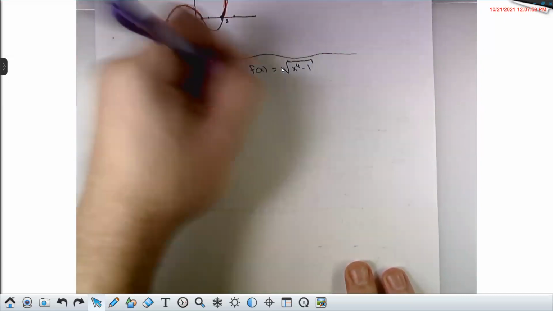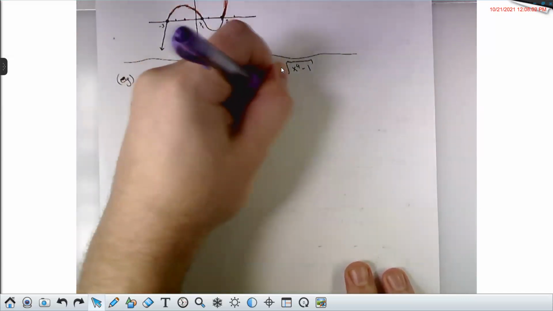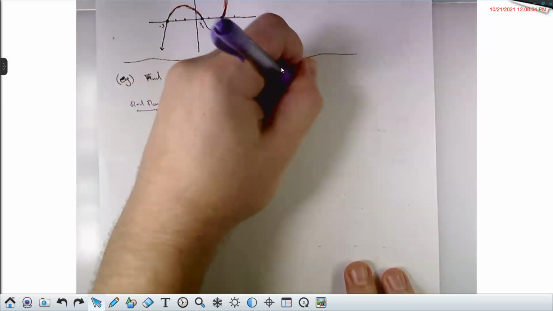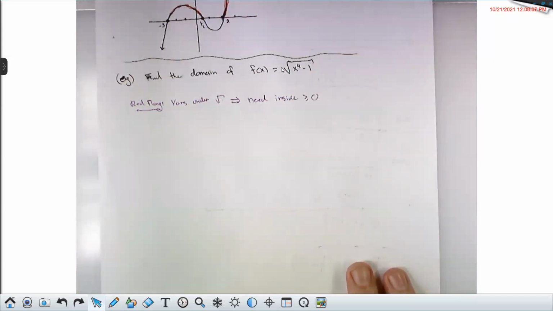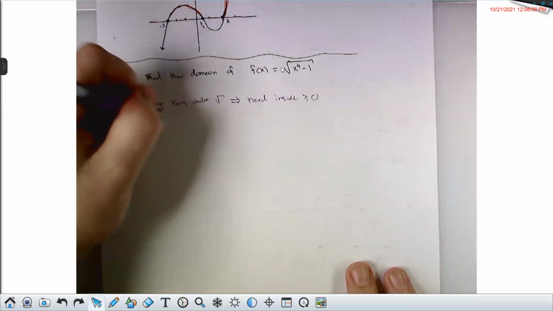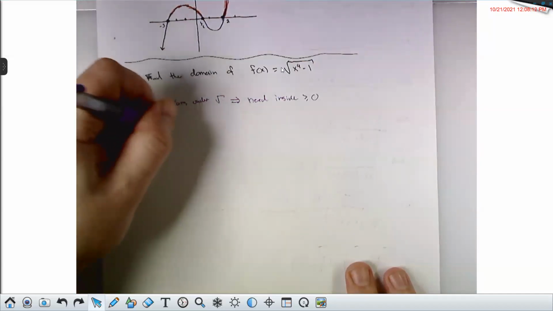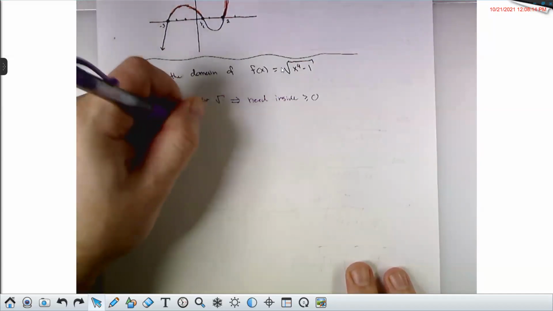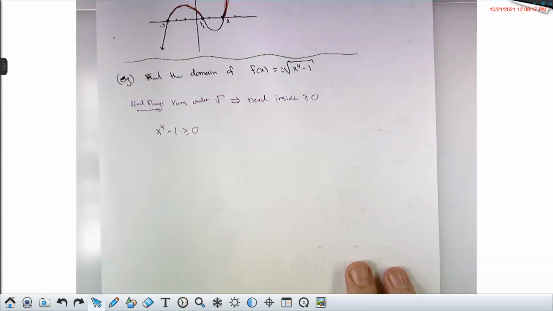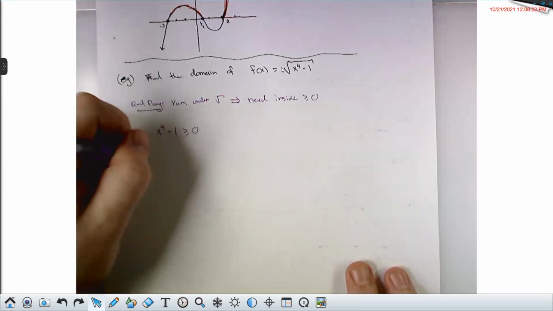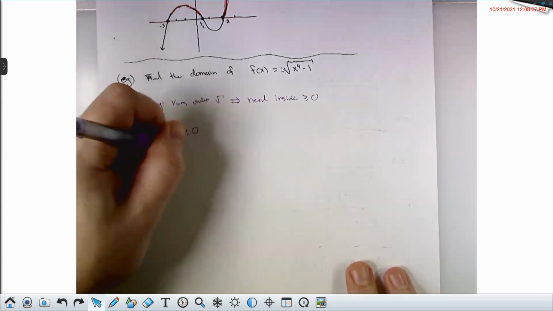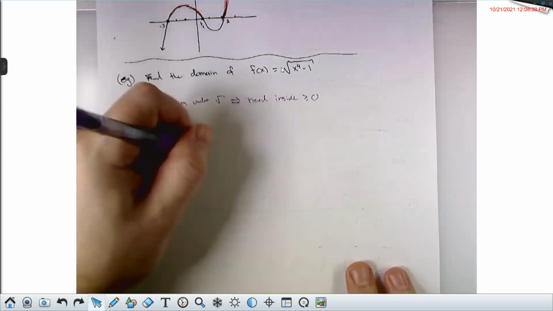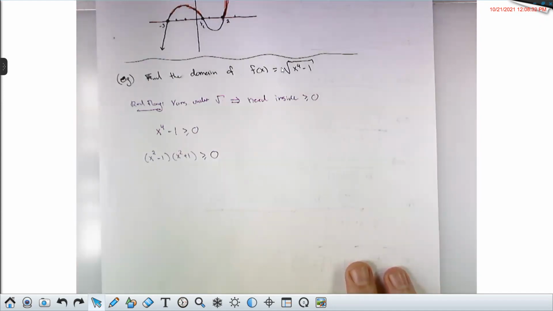And so we need the inside to be greater than or equal to 0. In other words, we need to solve the inequality x to the 4 minus 1 is greater than or equal to 0. This can be factored as a difference of squares: x squared minus 1 times x squared plus 1 is greater than or equal to 0, using that a squared minus b squared thing.